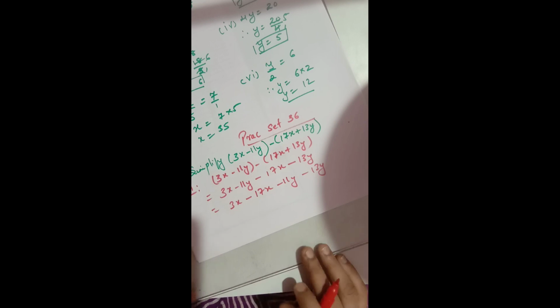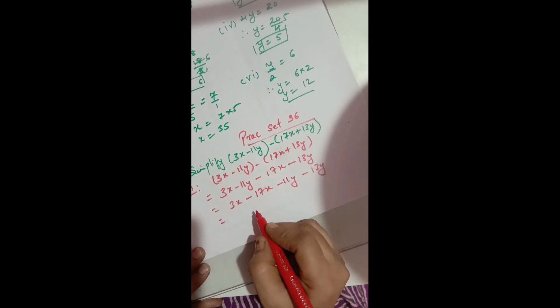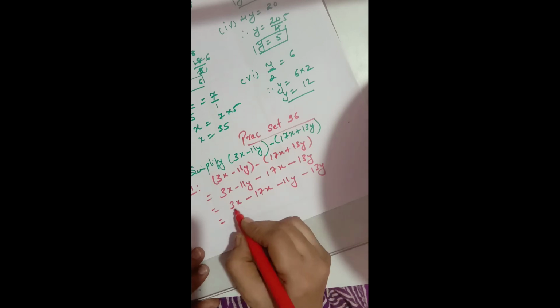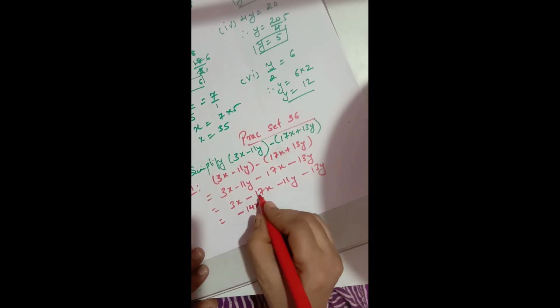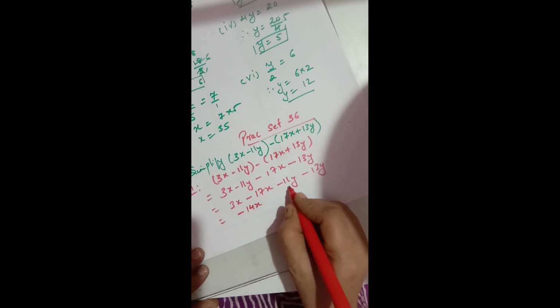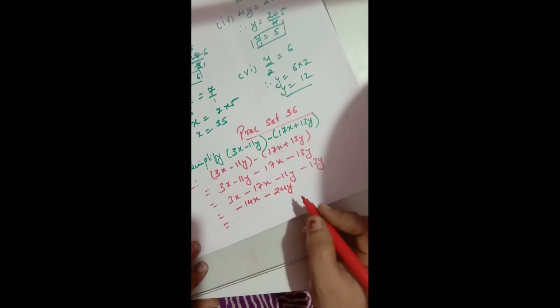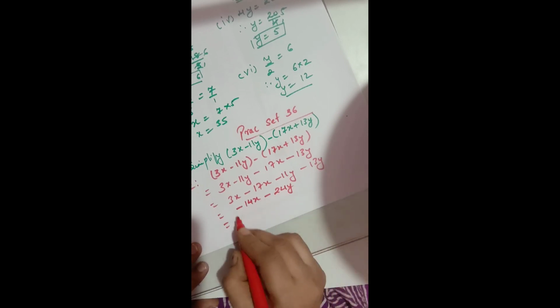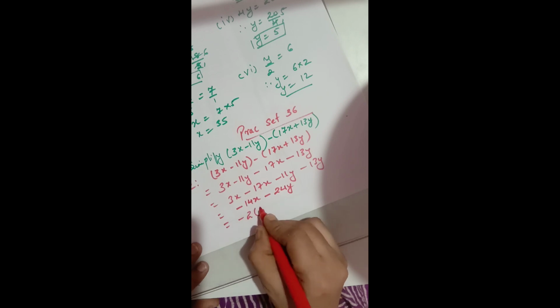So this is equal to, now plus 3 minus 17. Now we know that we add or subtract the coefficients, so 3 minus 17 becomes minus 14 and the variable we write as it is. So it is minus 14x minus 24y. 11 plus 13, that is 24y.